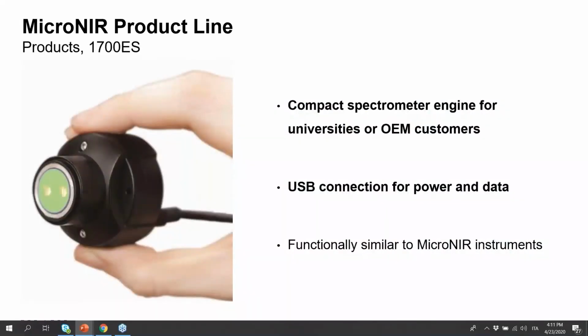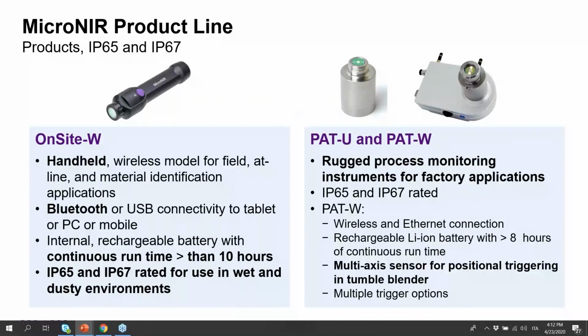This is the MicroNIR 1700 ES, let's call it the original MicroNIR, and the device is connected with a USB cable and you can get the measurement. Here you have three of the most important products that we have.